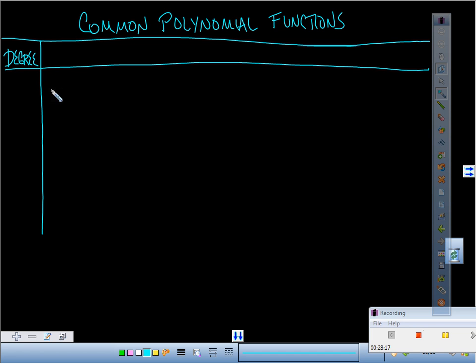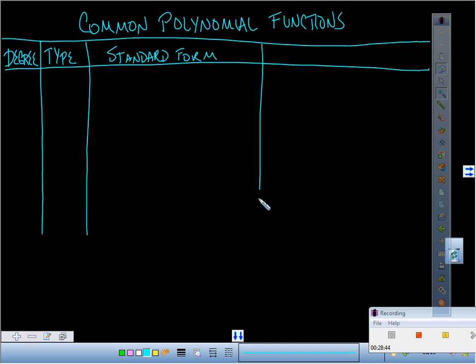That's the highest exponent. When I say that, you need to be thinking, oh yeah, that's going to be the highest exponent. Okay? That's going to be what degree it is. The next one is going to tell you its type. It's kind of like its name. Alright? What we would call it. The next one is going to be what it's going to look like in standard form, just a general standard form. And the next one is going to be an example of it. Okay, you ready?